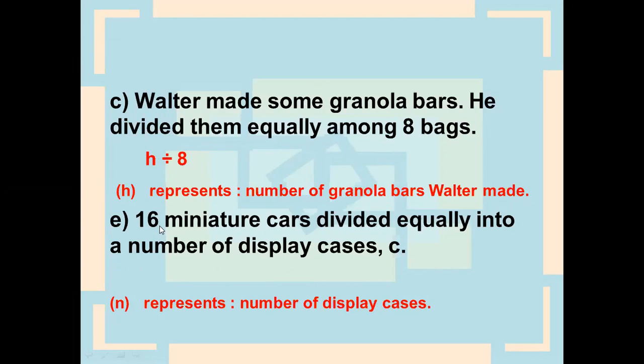Here we must use C because here he writes C. 16 divided by C. And C here represents the number of display cases. So, guys, only in the algebraic expression we have an unknown number. You will put any letter from your choice in this place.